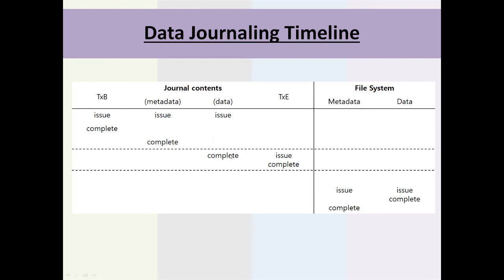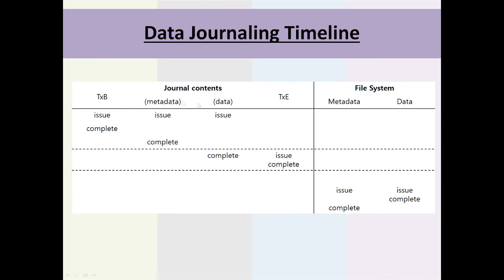Now, this is an example of the data journaling protocol, where the writes of the transaction begin at TXB. So that's here. And the contents of the transaction can logically be issued at the same time. So that would be these two components here, the metadata and data components.